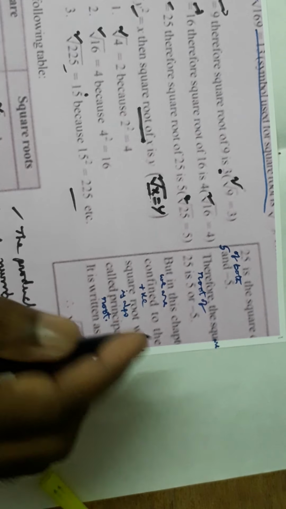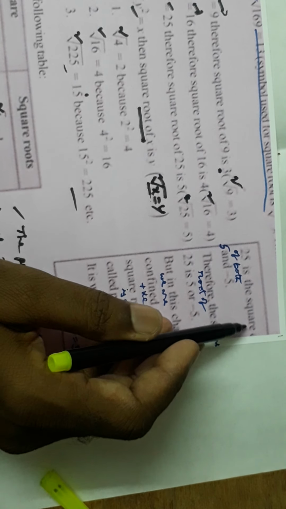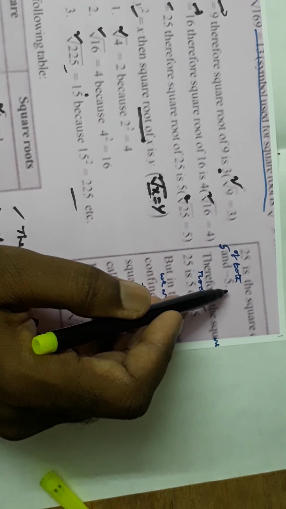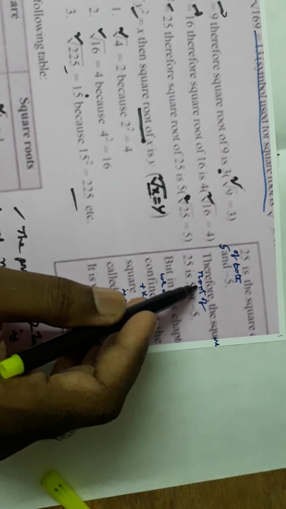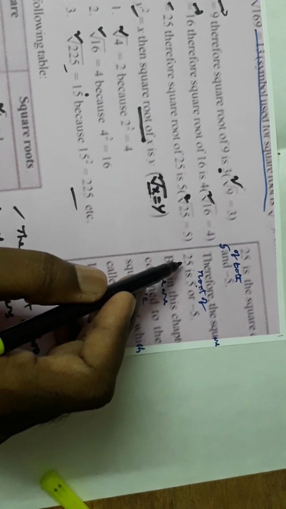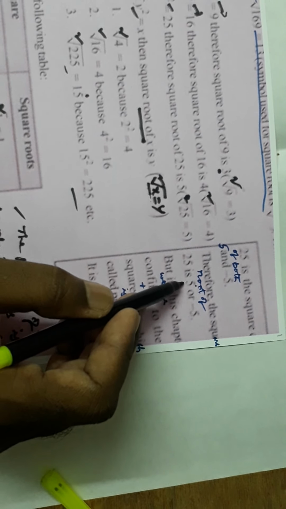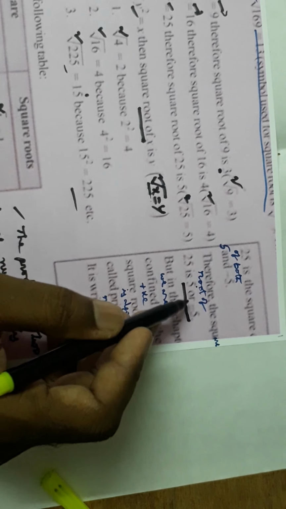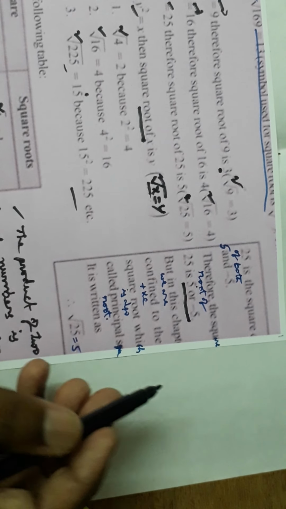Okay, you will observe 25 is the square of both 5 and minus 5. Therefore, the square root of 25 is 5 or minus 5. Double answer, 5 or minus 5.